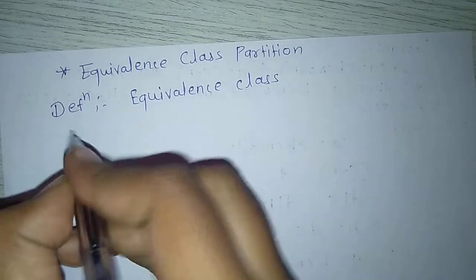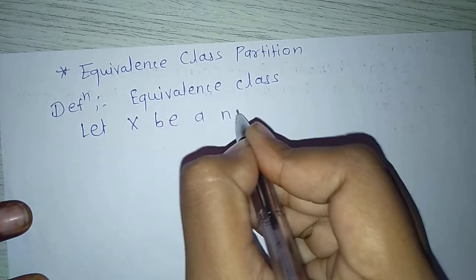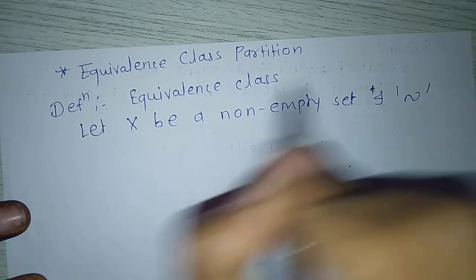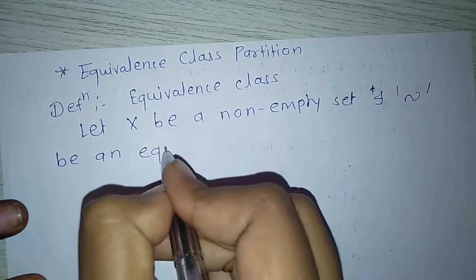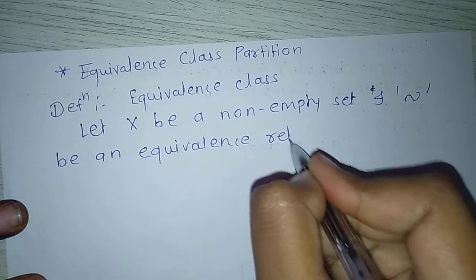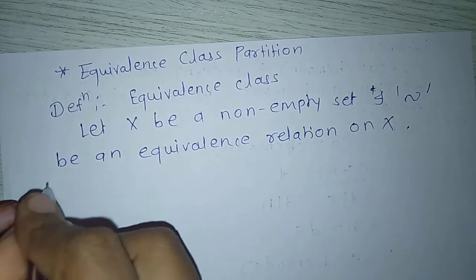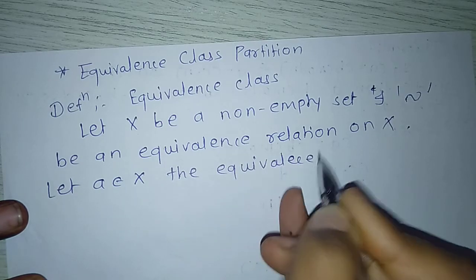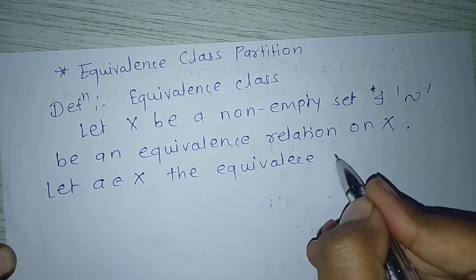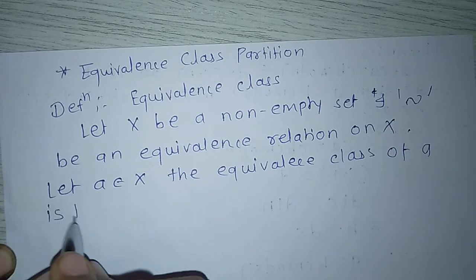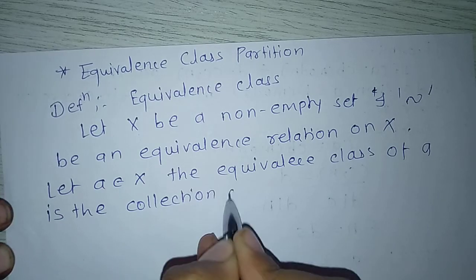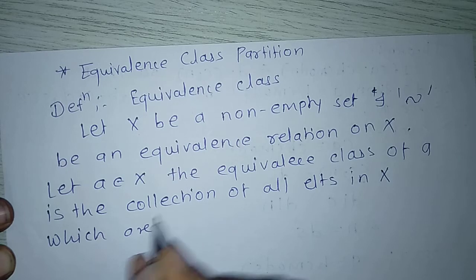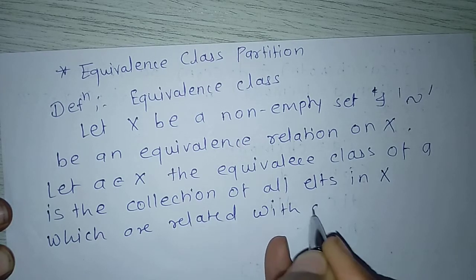Definition of equivalence class: let X be a non-empty set, and tilde be an equivalence relation on X. Let a belong to X. The equivalence class of a is the collection of all elements in X which are related with a.